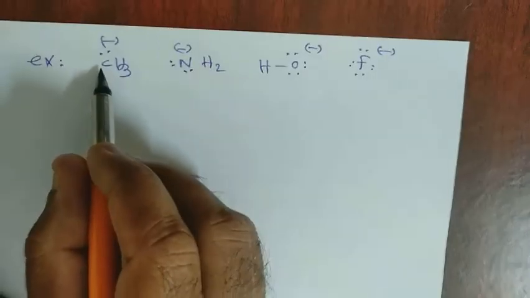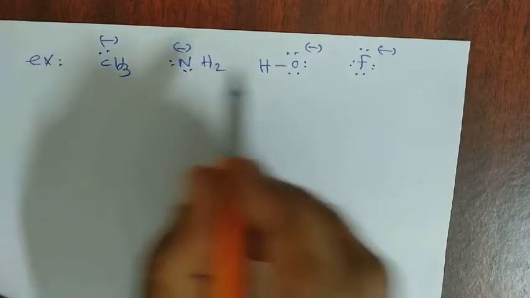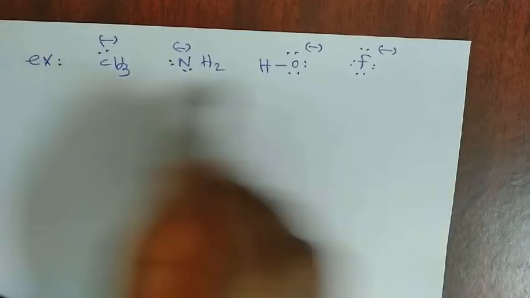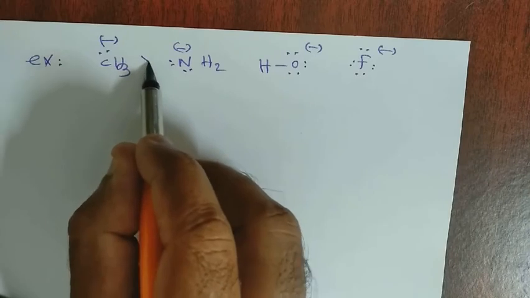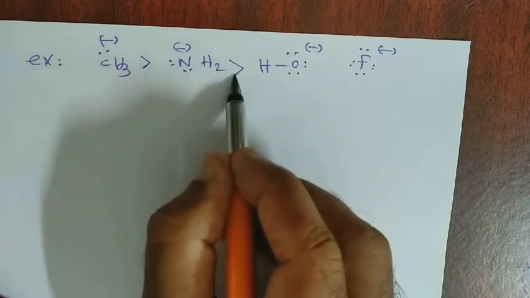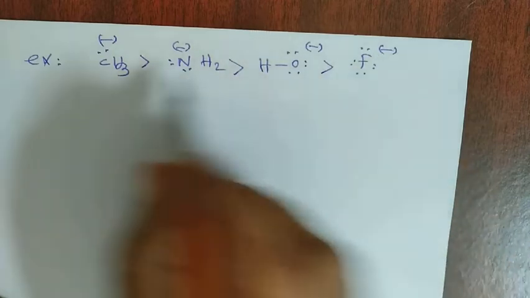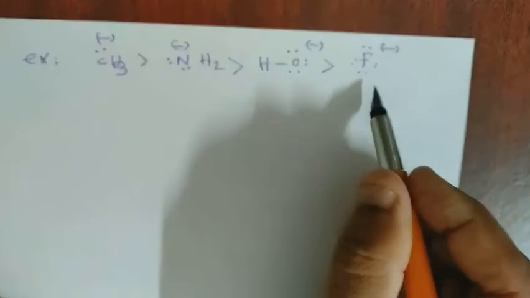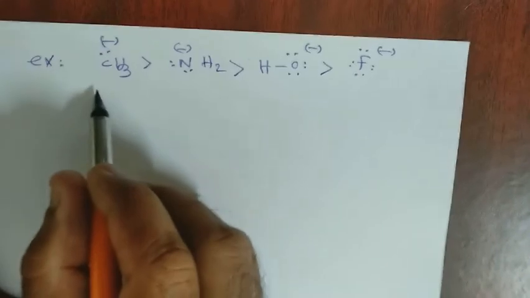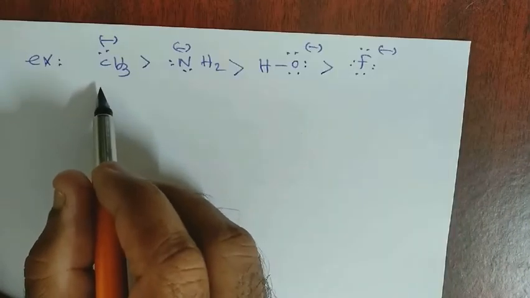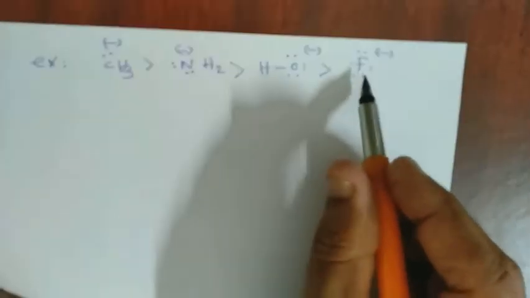Atomic number of carbon is 6. That of nitrogen 7. Oxygen 8. Fluorine 9. So when we move from left to right, nucleophilic strength decreases. Fluoride is the weakest nucleophile in this group. It is mainly due to increase in the nuclear charge.